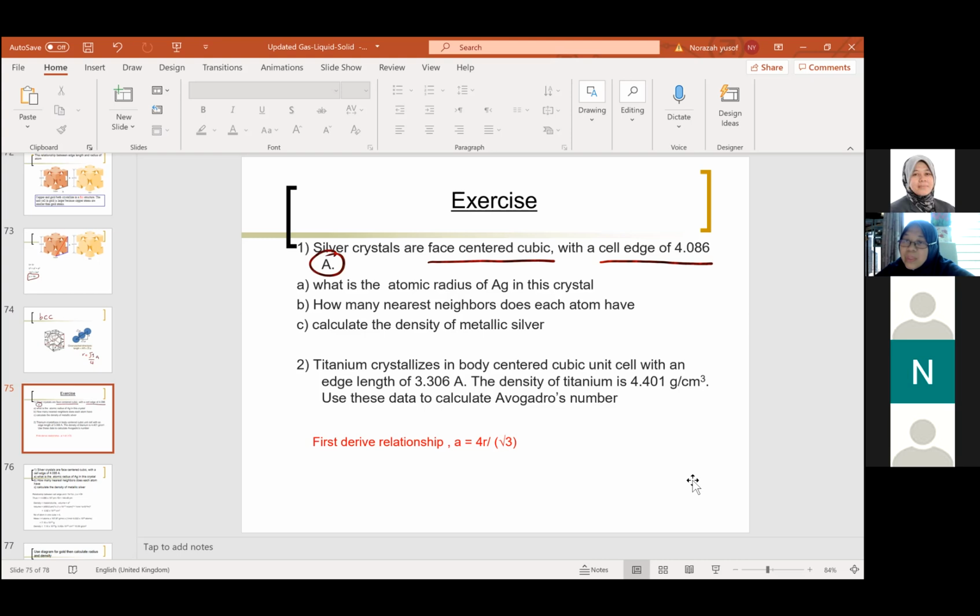I hope that you know the unit angstrom. Now, what is the atomic radius of silver? Argentum is silver in this crystal. And how many nearest neighbors does each atom have, in a unit cell? And calculate the density of metallic silver.